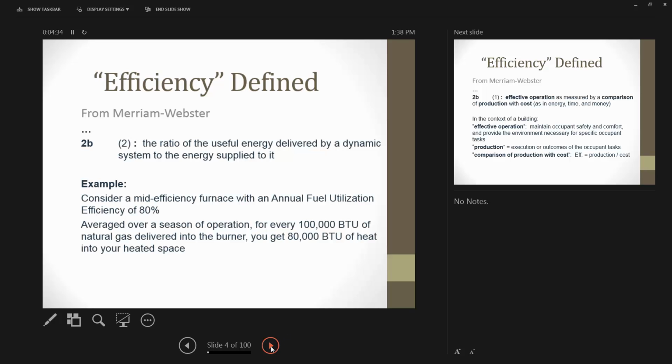And if you remember, we talked about the different efficiency types. We'll revisit those a little bit later too. But the example here is a gas-fired furnace. If it's an 80% efficient furnace, all that means is that for every 100,000 BTUs of gas that goes into it, 80,000 BTUs comes out.